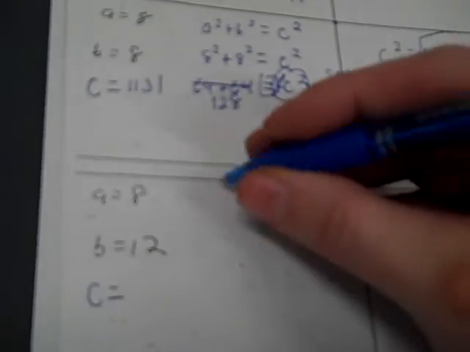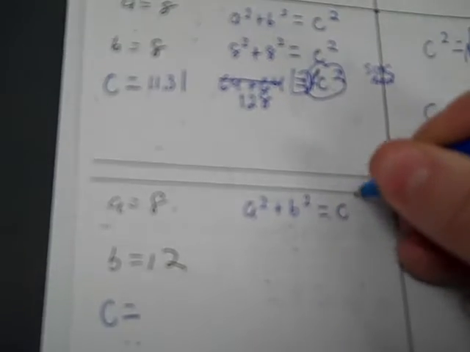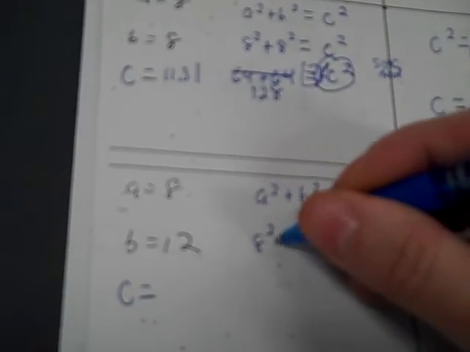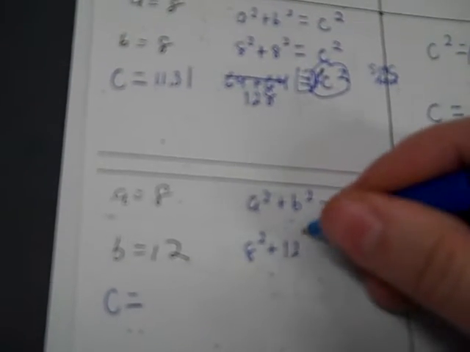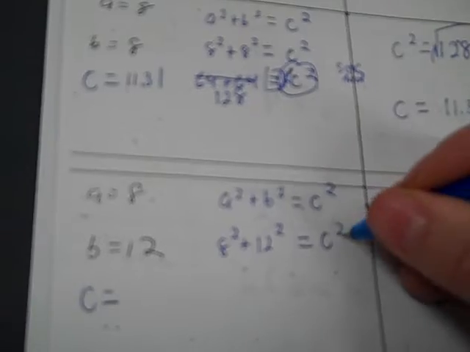Again, I'm finding C, so C to the second. By the way, if you're noticing, anytime you're finding C, that's when you're just going to add, because they'll be on the same side. Anytime you find A or B, the numbers are on opposite sides, so you're going to minus. That's not going to change because the Pythagorean theorem, I use the same thing every time. So A is 8, B is 12, to remember second powers, and then C, I don't know.